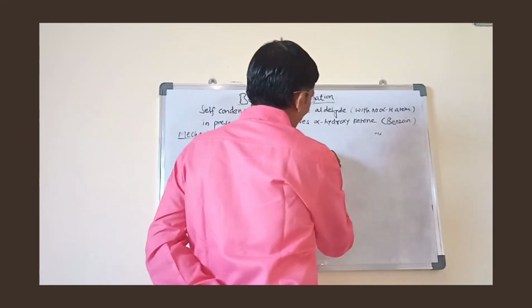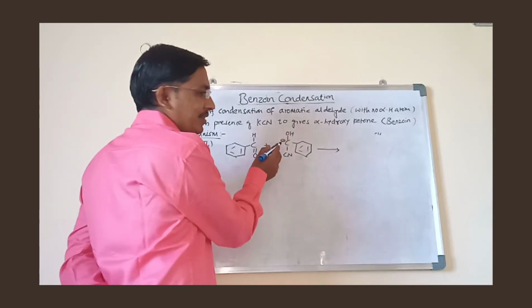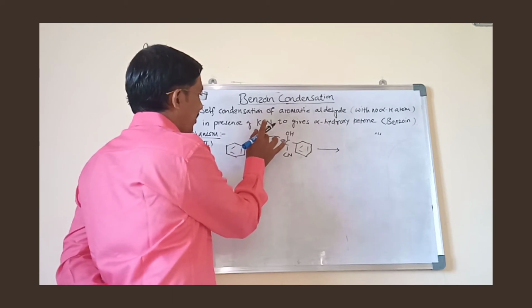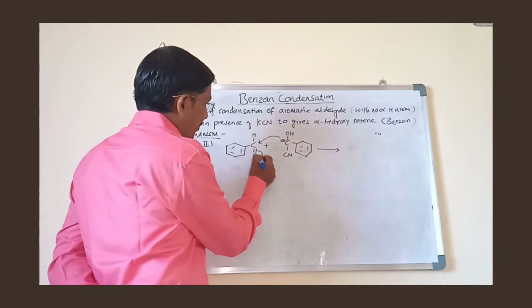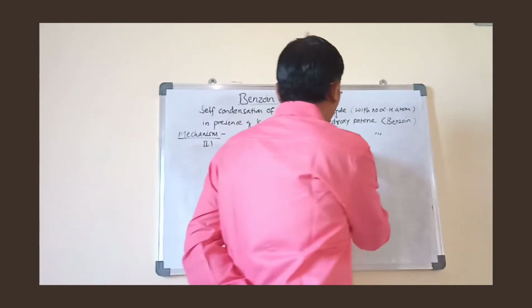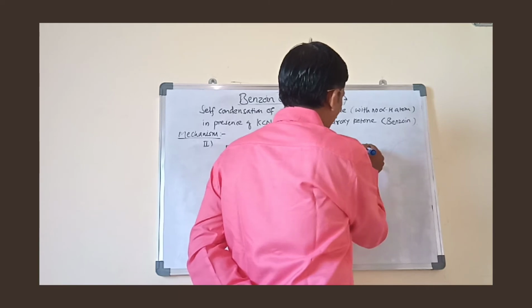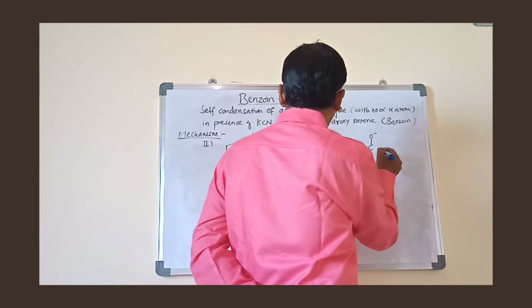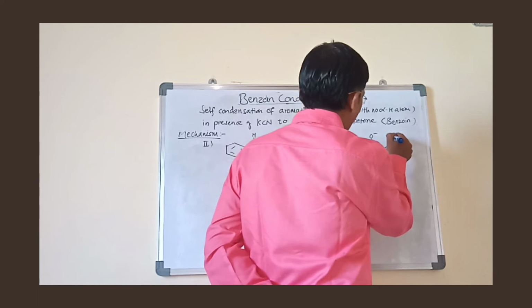Now that negative charge will attack the carbonyl carbon carrying oxygen, which facilitates the reaction, that is nucleophilic addition, and the oxygen will withdraw the electron. Now it becomes C O minus, here C, here CN, and this is the OH.